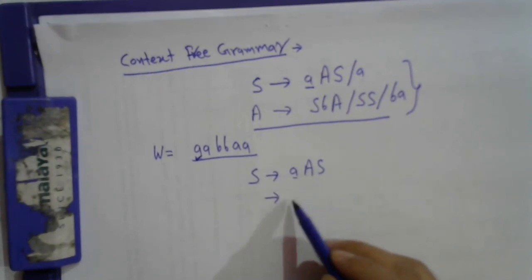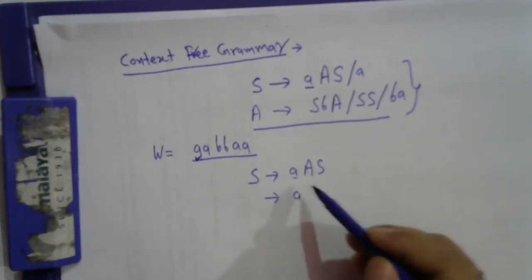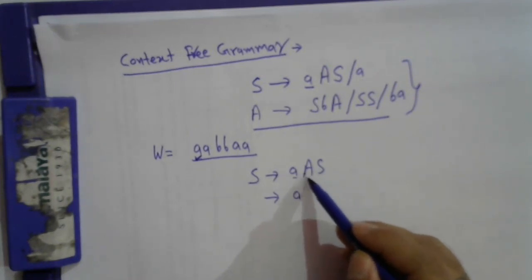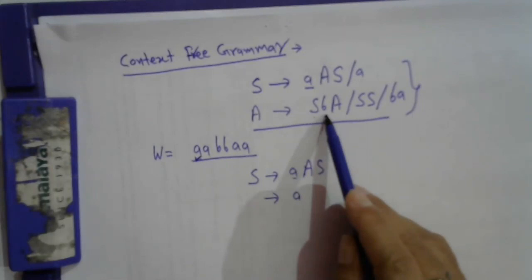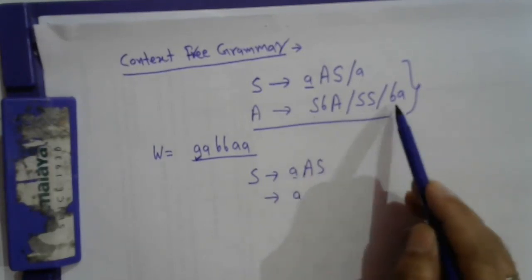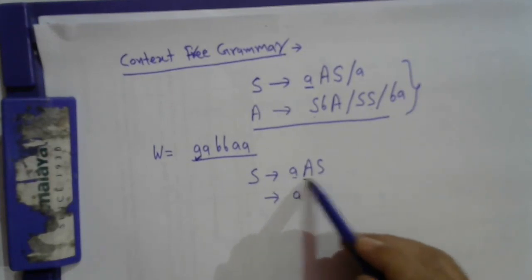Then which alphabet are you replacing with the next one? Suppose the next alphabet is a. Then A has the productions S, BA, SS and BA. Which production should we replace here?